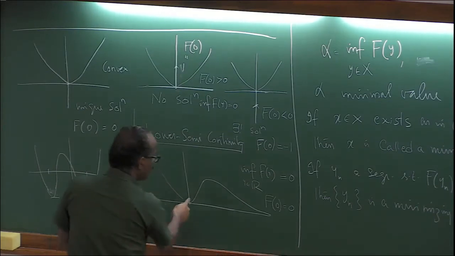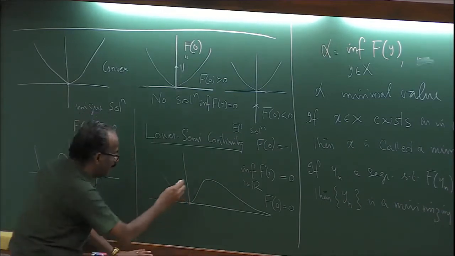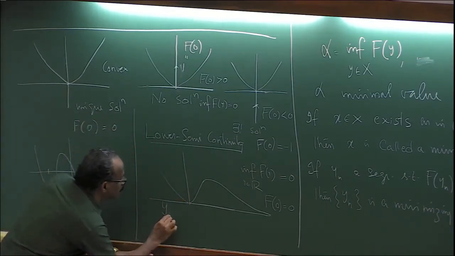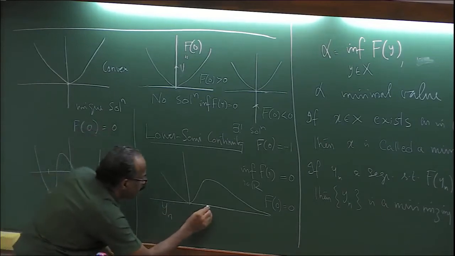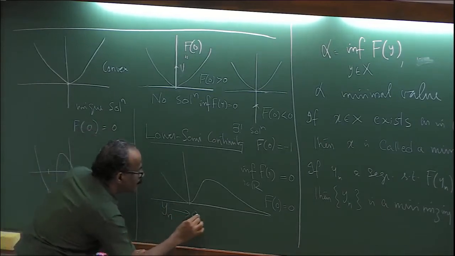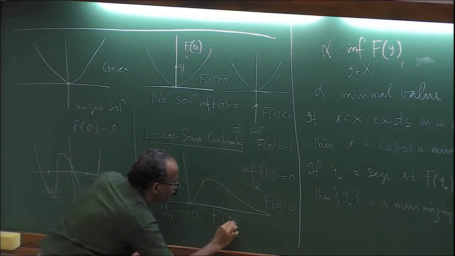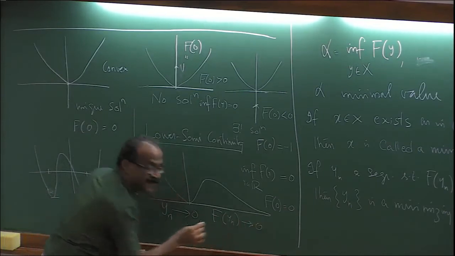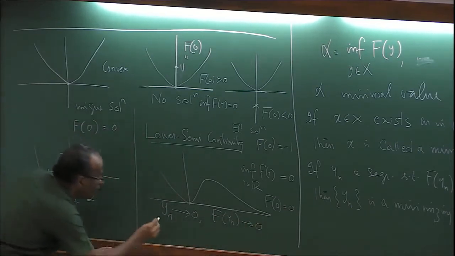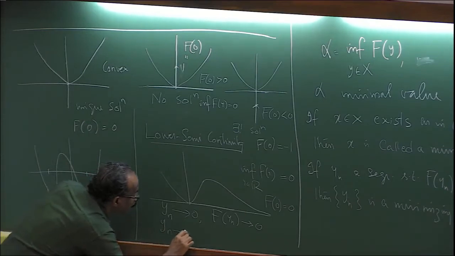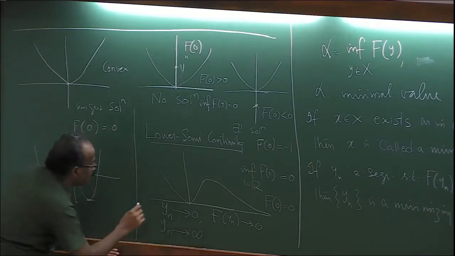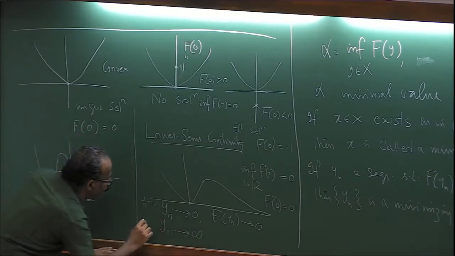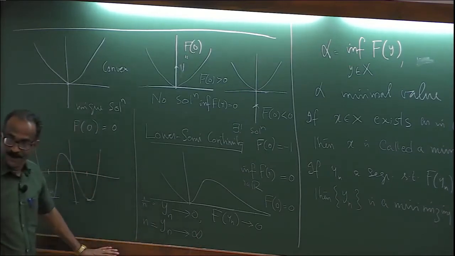The more serious thing is that you look at the minimizing sequence. I can choose a minimizing sequence y_n going to 0, so that f(y_n) also goes to 0. That's fine. But I can also choose y_n going to infinity. For example, I can choose y_n equal to n.